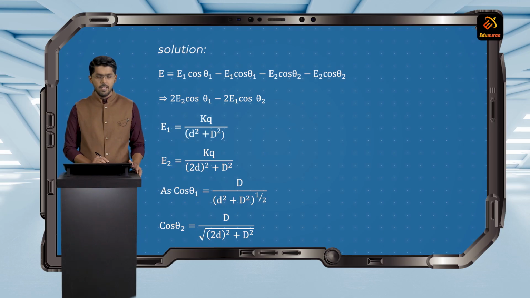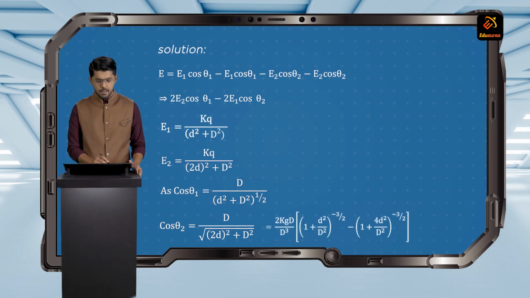So finally, if you substitute these values in the electric field, you get 2kq d whole multiplied by d square plus capital D square to the power minus 3 by 2 minus 4d square plus capital D square to the power minus 3 by 2.